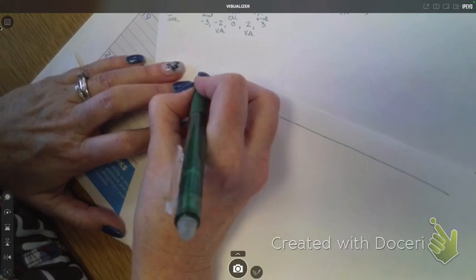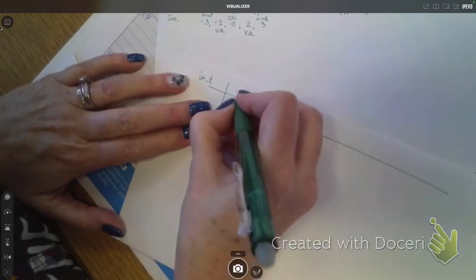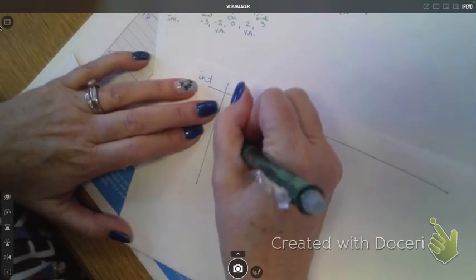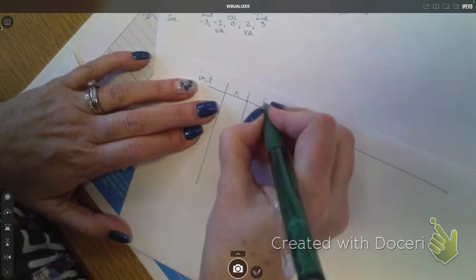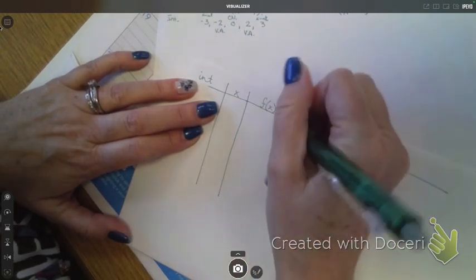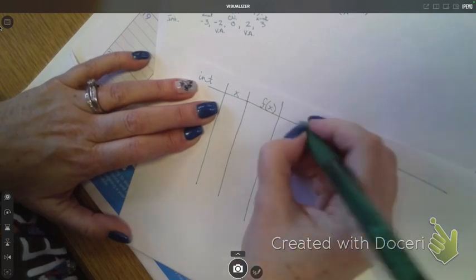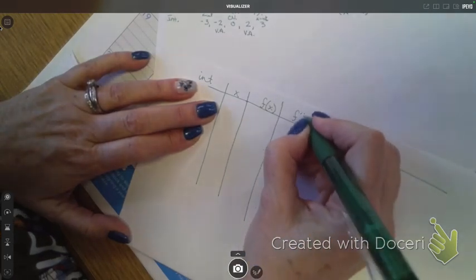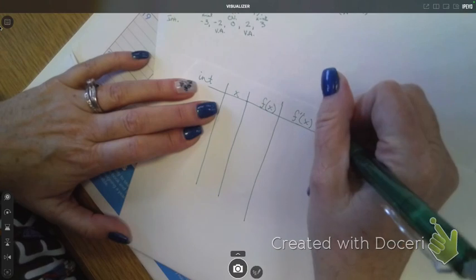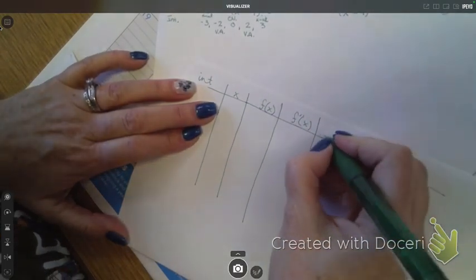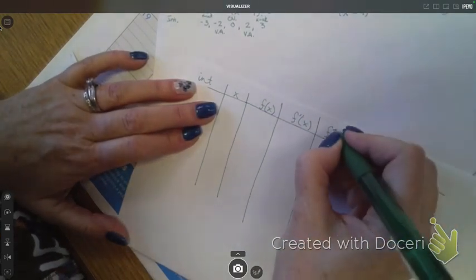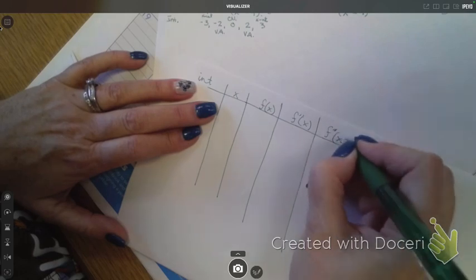So interval, x, f of x, f prime of x, f double prime of x.